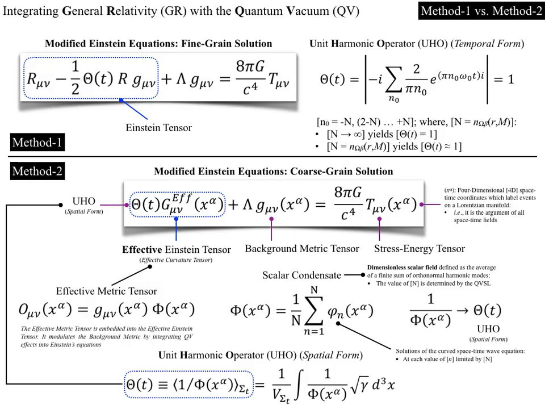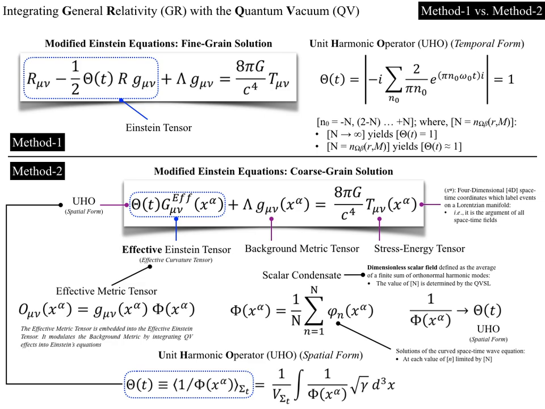When n tends to infinity, the unit harmonic operator becomes exactly 1 and we recover standard general relativity. For any real system, n is enormous, so the unit harmonic operator is observationally indistinguishable from unity. However, the harmonic structure remains, and we later use it to quantize gravitational acceleration point by point.